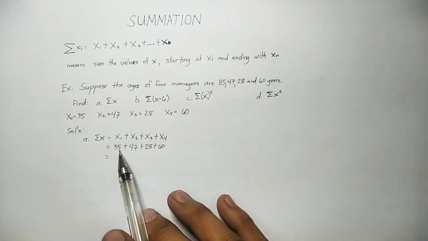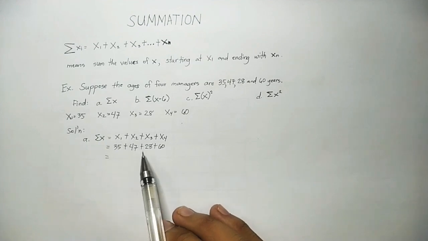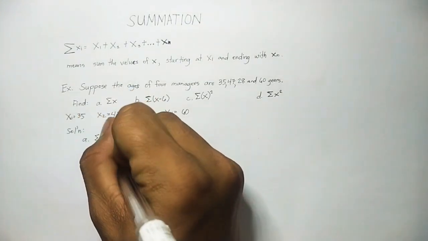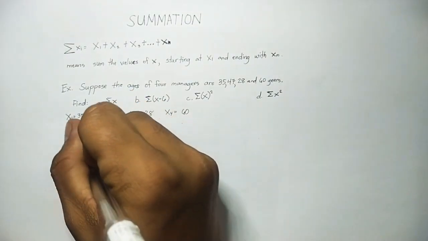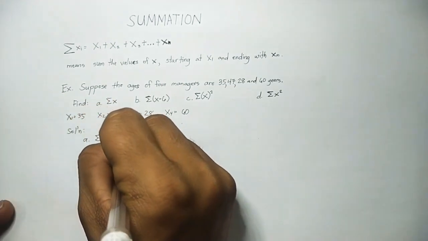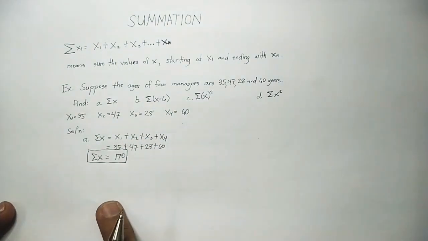We have to substitute the value of our x. So we have 35 plus 47 plus 28 plus 60. The answer would be 170. So this is our x or summation of x. That is for our letter A.